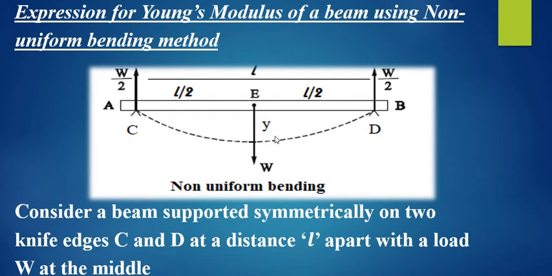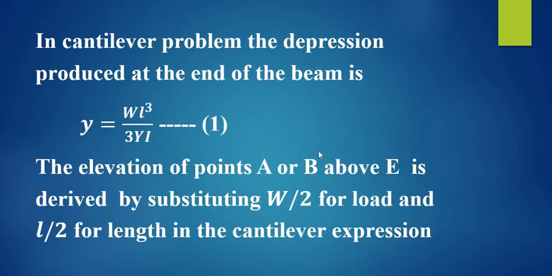So to derive the Young's modulus value, we consider the cantilever problem. In the cantilever problem, the depression Y is W L cubed divided by 3YI. Give equation number 1.